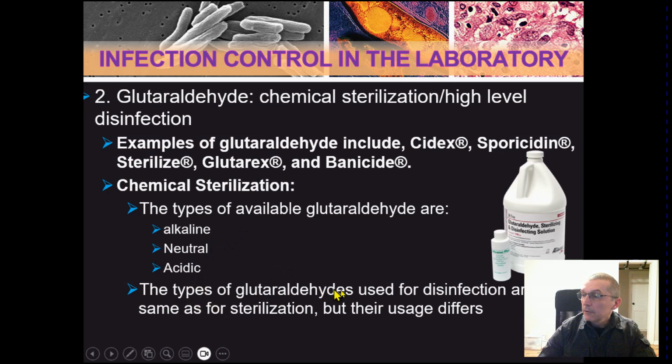The types of glutaraldehydes used for disinfection are the same as for sterilization, but their usage differs. The ones you use for sterilization are obviously much stronger than the ones you use for disinfection, so the way you use them is different.